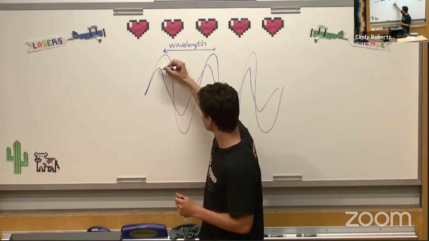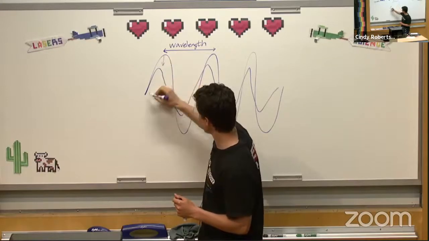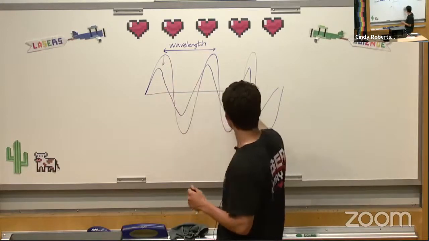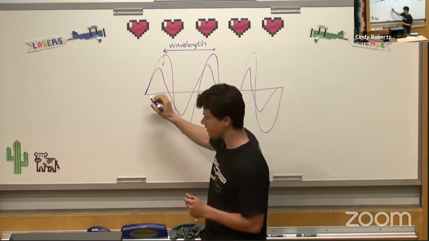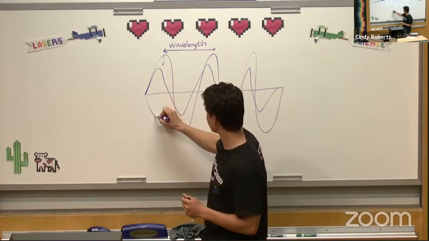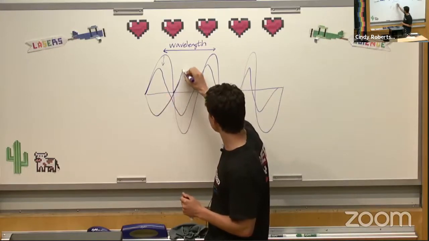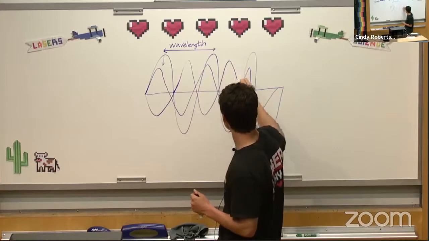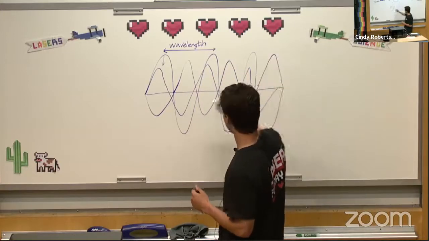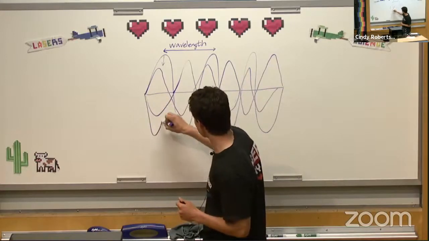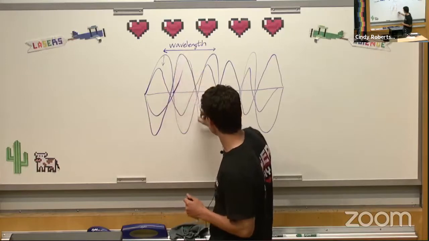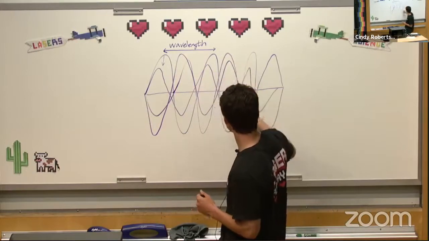These peaks will move down, and then eventually it'll get to a point where it's flat. And then it'll have peaks in the other direction. And eventually they'll reach the same height, but just in the exact opposite direction.